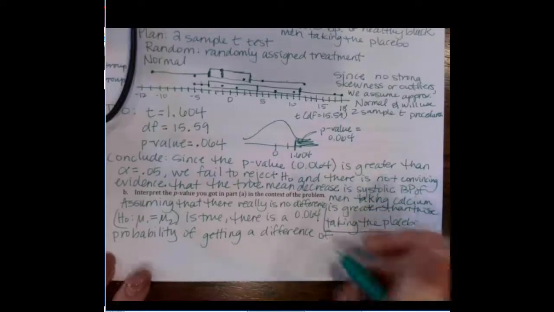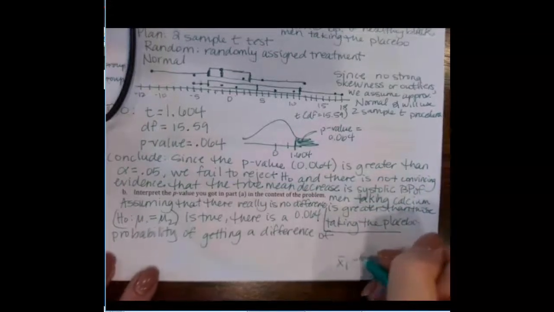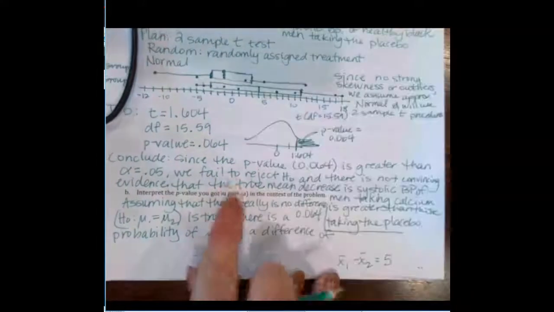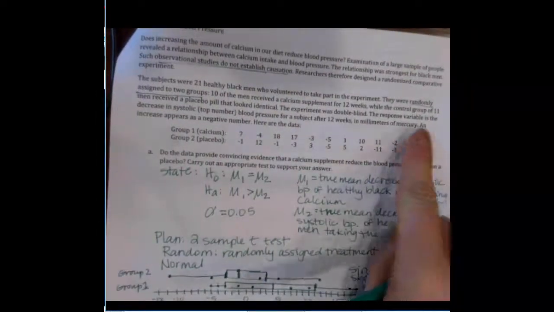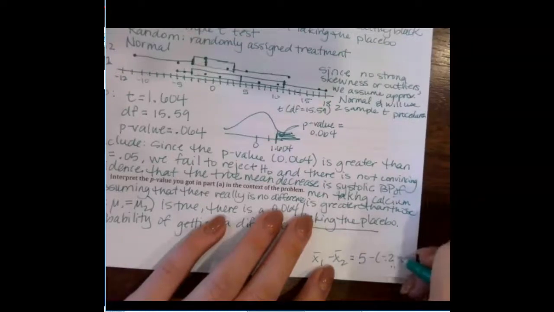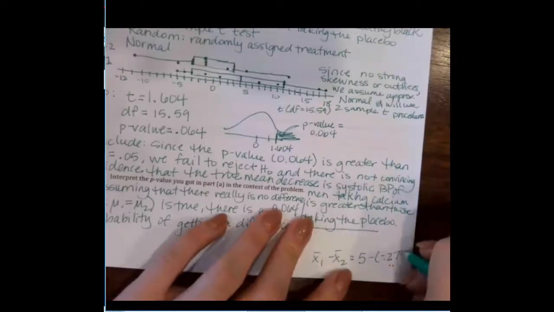of, and we need to calculate our x bar sub 1 minus our x bar sub 2 so that we can calculate this. So the mean of the first group, if you add up these numbers here and divide by 10, is 5. And if you add up these numbers here and you divide by 11, we are going to see an average of negative 0.273. So we have 5 minus negative 0.273.